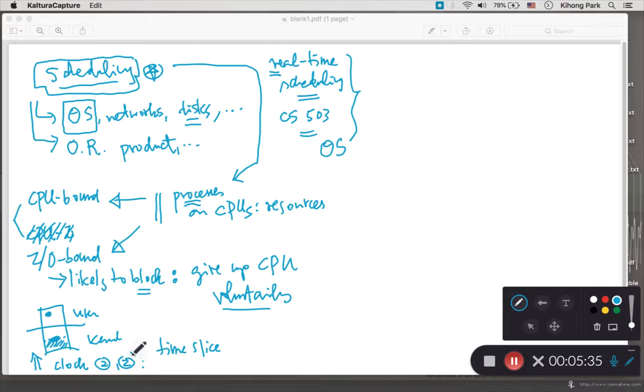And so in this particular case, what can happen is that a process who wants to continue to run on the CPU is forcefully, involuntarily, context switched out, because the OS decides you have used up your time slice, and it checks among all the ready processes, is there a process that's of higher or equal priority than this guy?